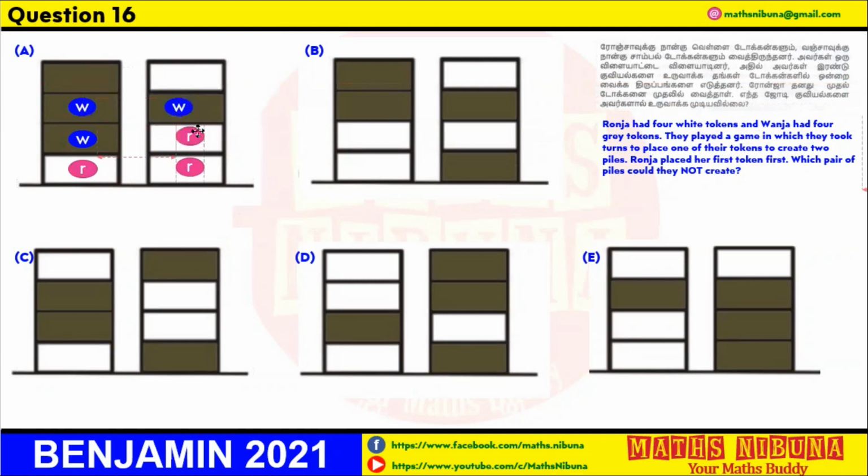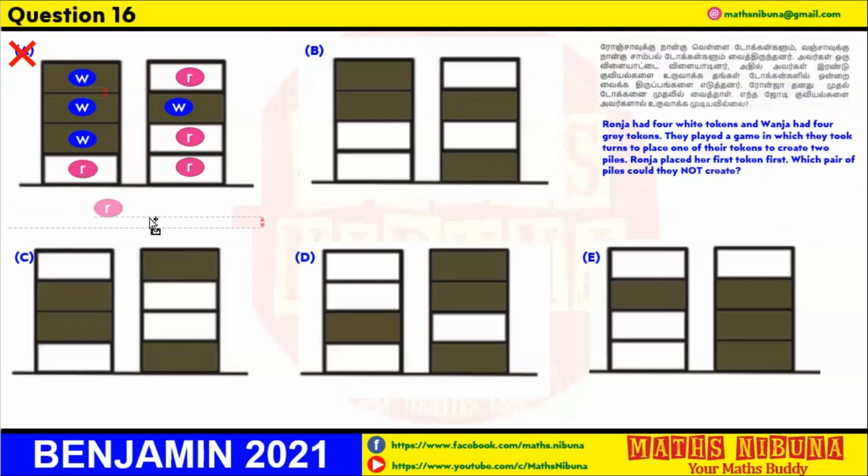And then finally Ronja's white color comes here. That's possible. And then finally, Wanja may put at this one. So this is how we can solve the first one. That means the first one can be created, so it cannot be the answer, because they ask which one they cannot create.